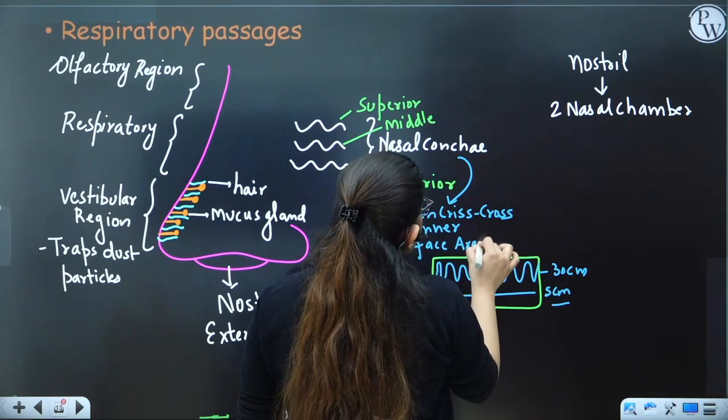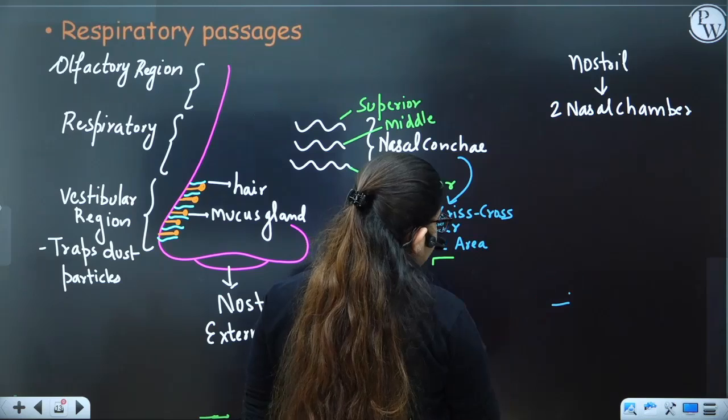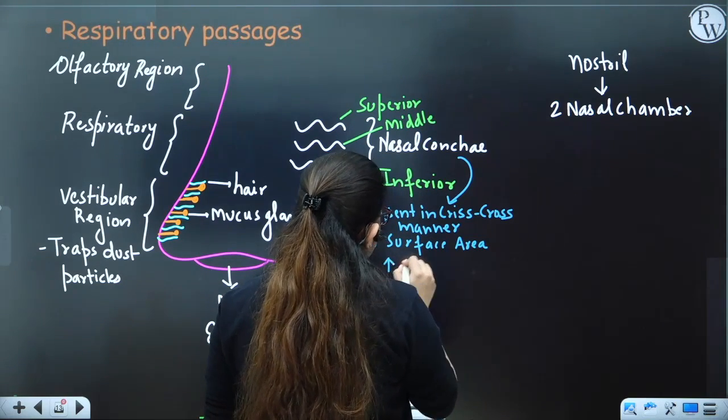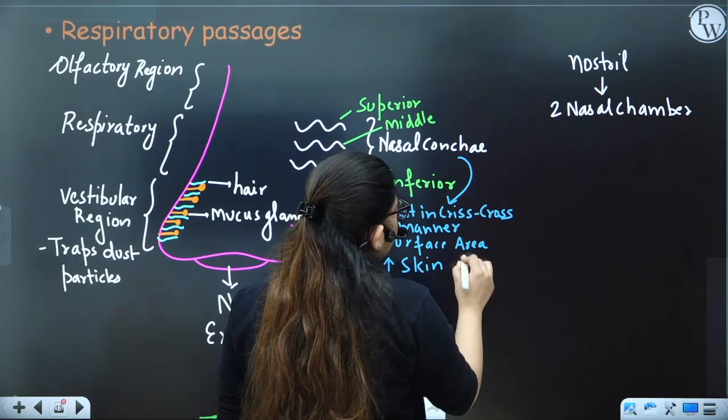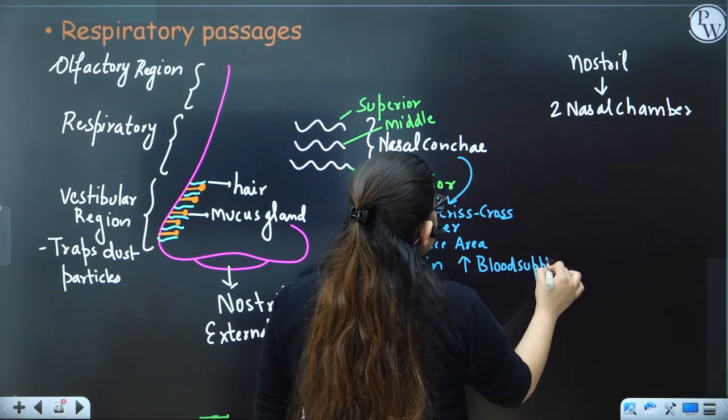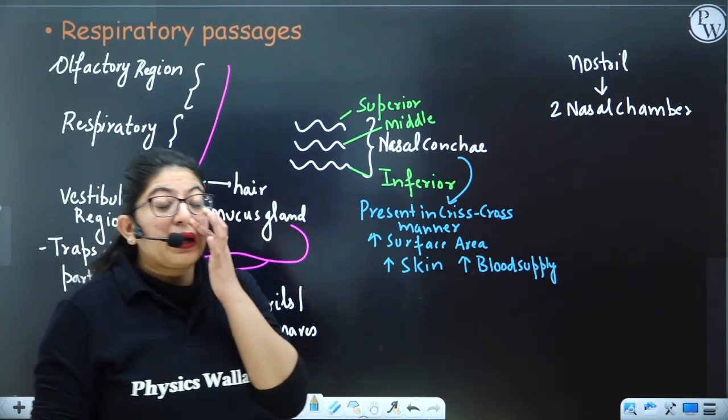Whenever you increase the surface area, that means on the bones there will be more skin. The more skin, the more blood supply. If there is more blood supply, you can condition the air.